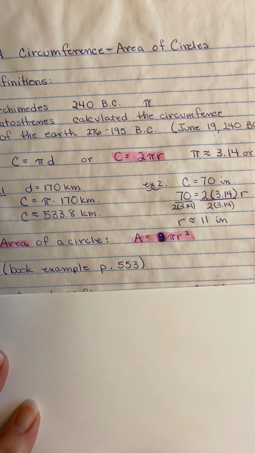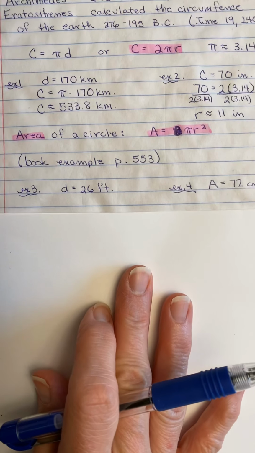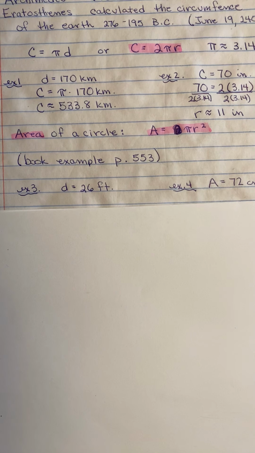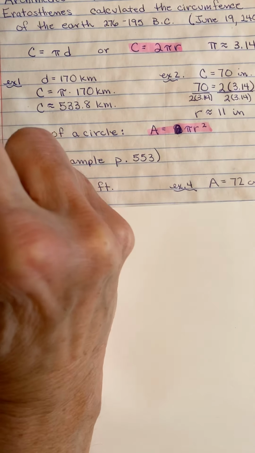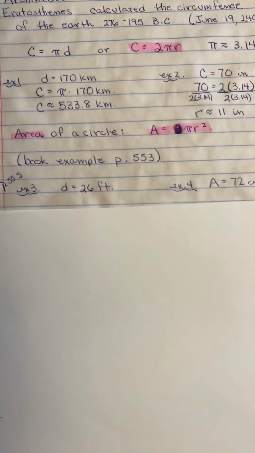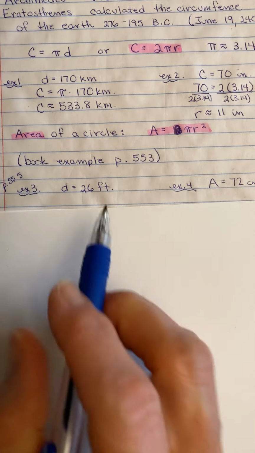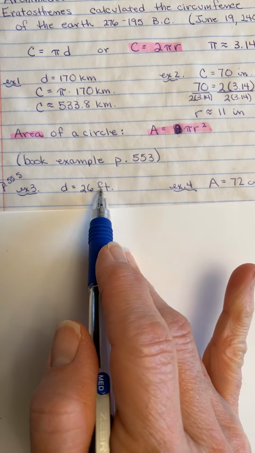Alrighty, let's take a look at example 3 in your book, on page 555. It states, find the area of the circle to the nearest square foot, and they give us a diameter of 26 feet.